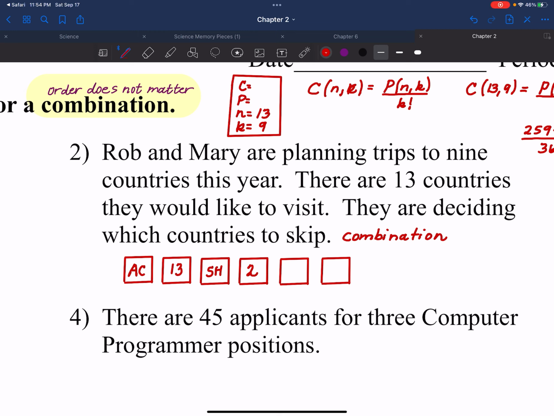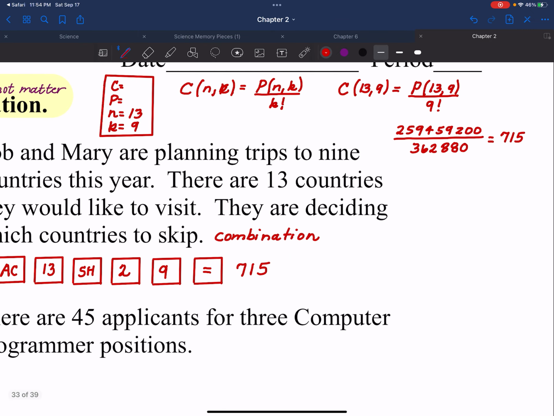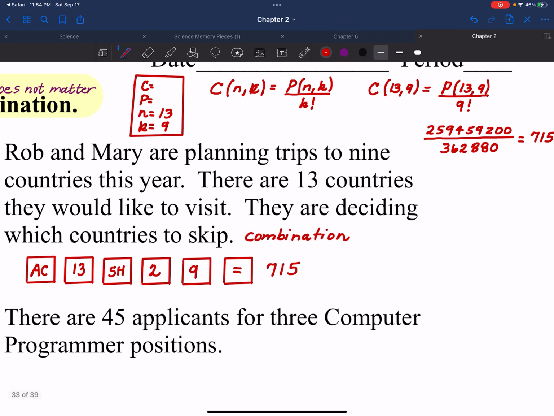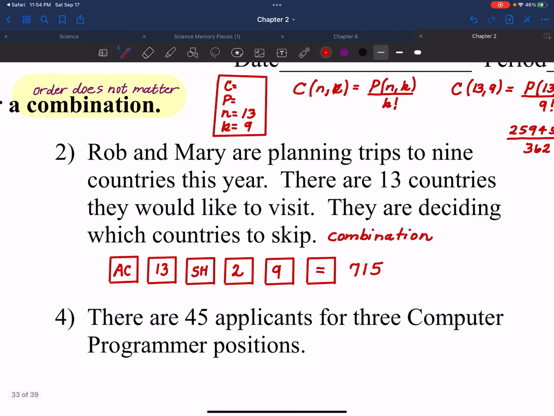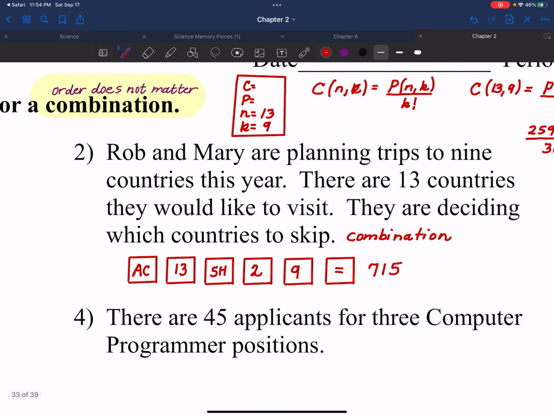The K value, which is 9 in this case. And then equals. And don't you love it? 715 is the answer. That is a combination because the order did not matter.